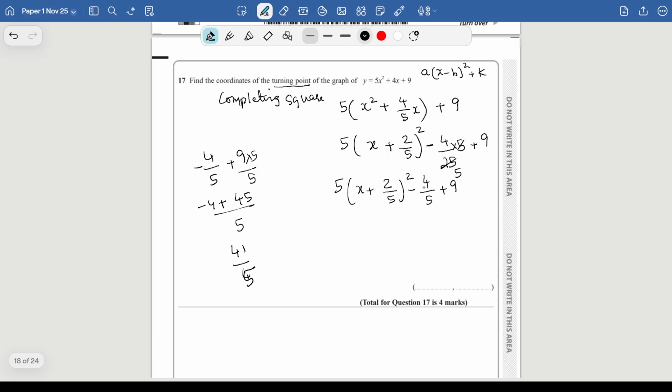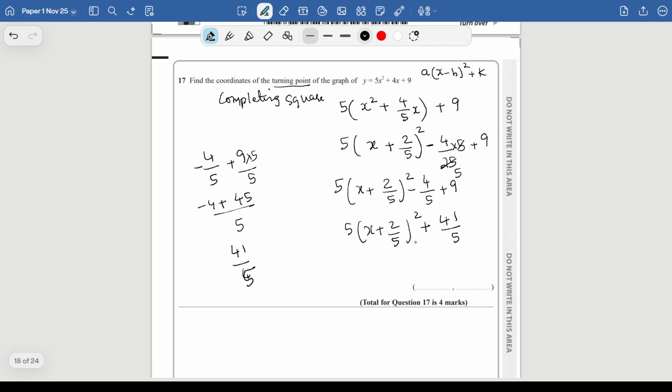So this part I have calculated to be 41 over 5. So this is 5 of (x plus 2 fifths) squared, and this will be a plus, because the larger term is this one. So plus 41 over 5.